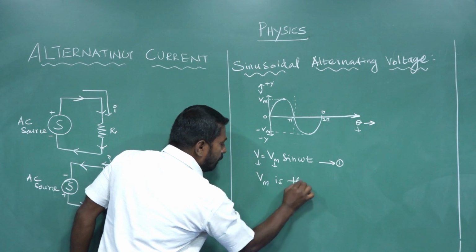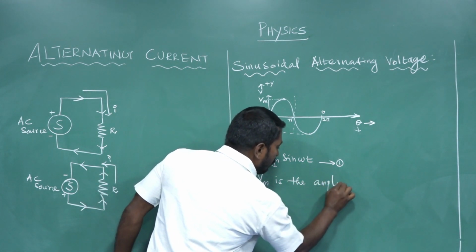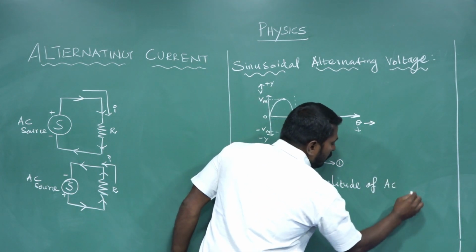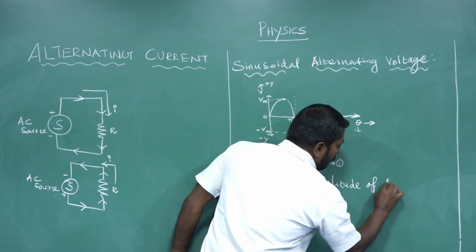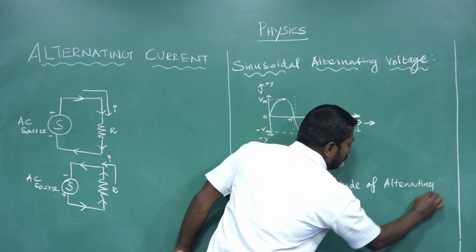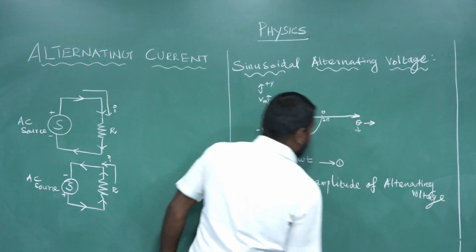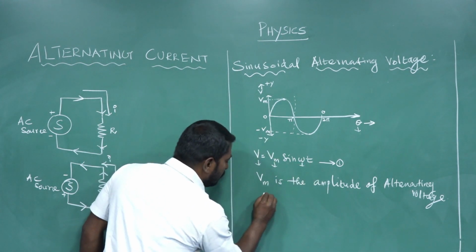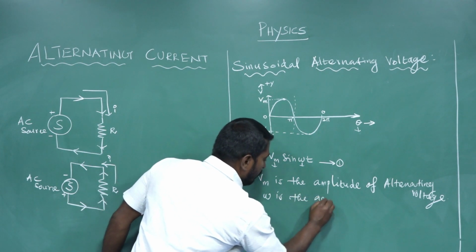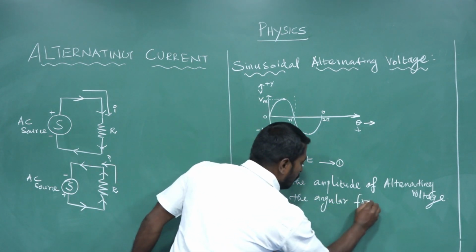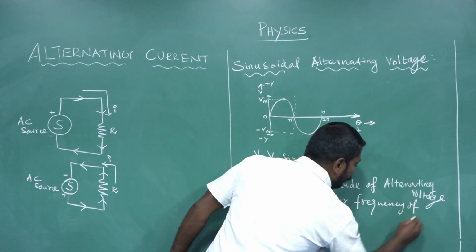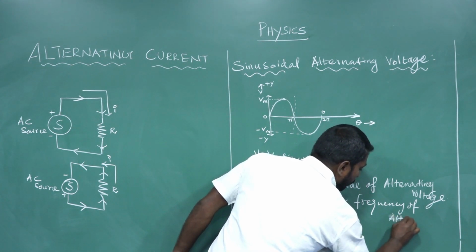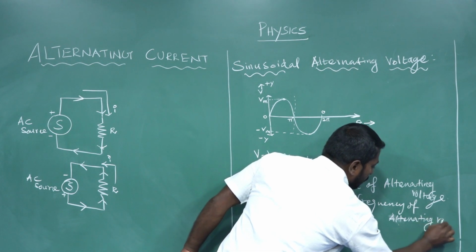Here sine is the sine function, and omega is the angular frequency of alternating voltage.